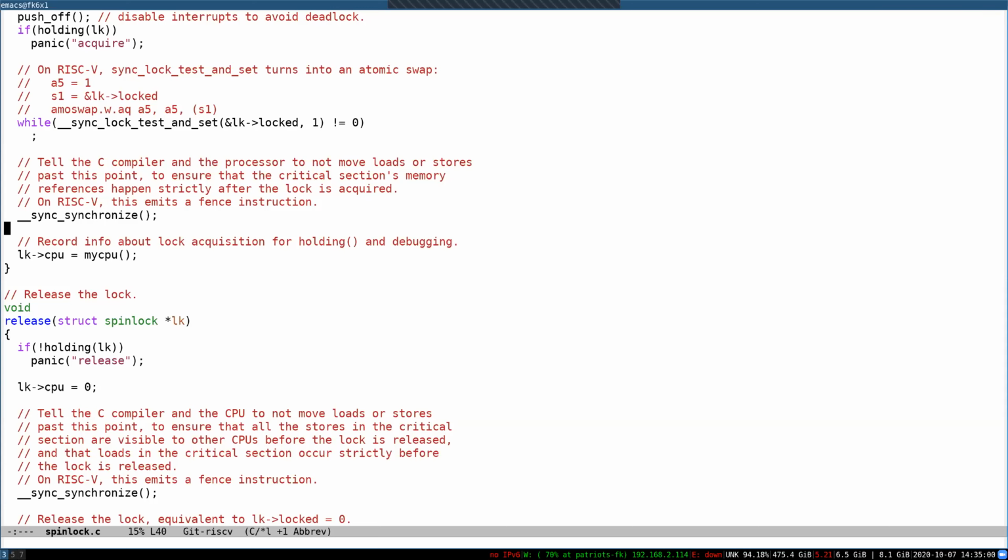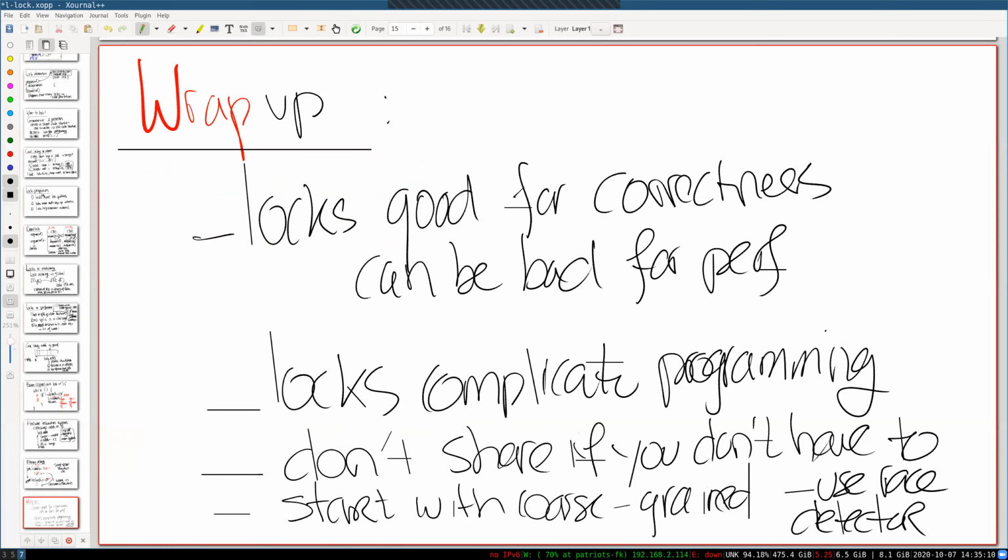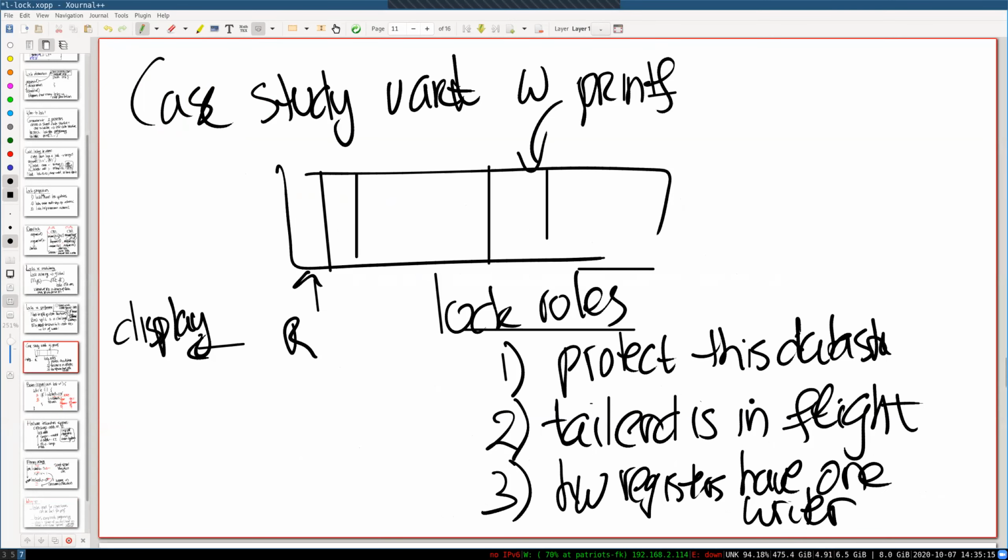Okay, I see. My other question was on the slide with the UART picture, the buffer. Let me go back. Yeah, that one. Is it always the case that the read is going to be lagging behind? I didn't understand that.